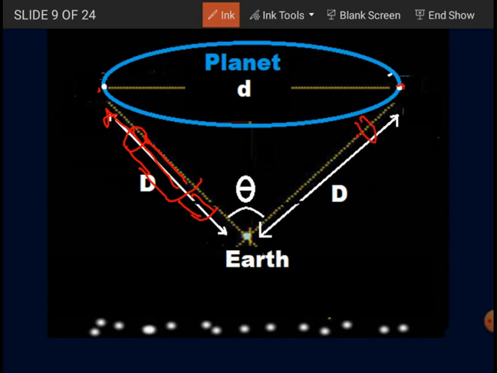If you observe it, your telescope will also be here, so that your line of sight will be along this. So if you know the angle between the two lines of sight, that is theta, this may be called the parallactic angle in the previous slide, at the time of measuring the distance between the Earth and the planet, or Earth and the star. In the same way, the same formula can be used to find the size of the planet like this. Got it?